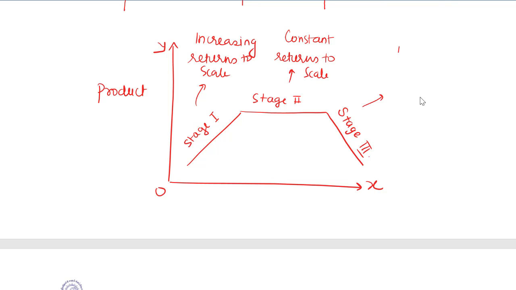And stage 3, diminishing returns to scale. I believe it is okay with you. Understood it well? We are moving ahead now.